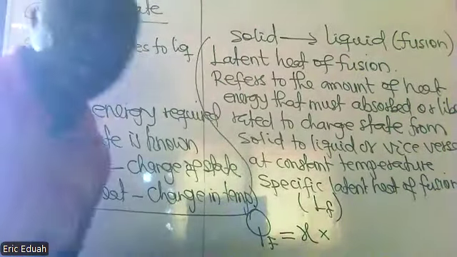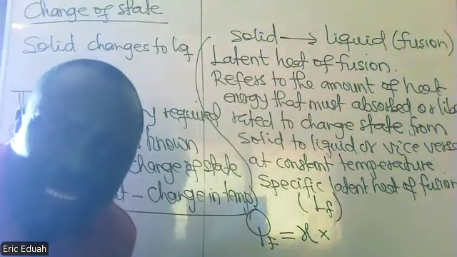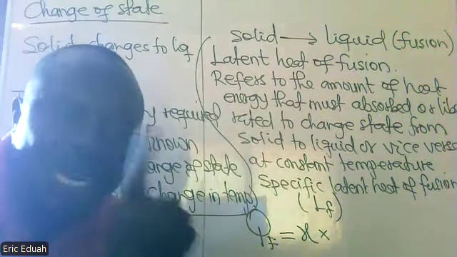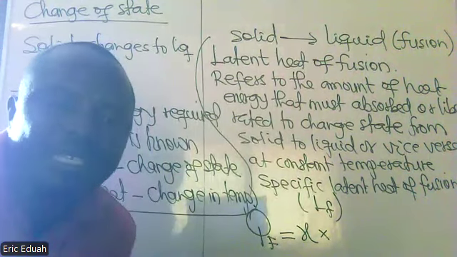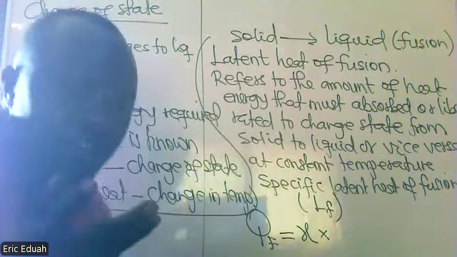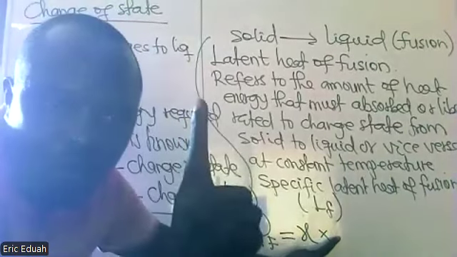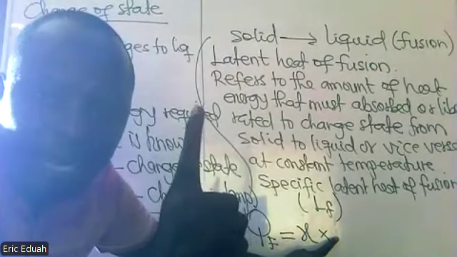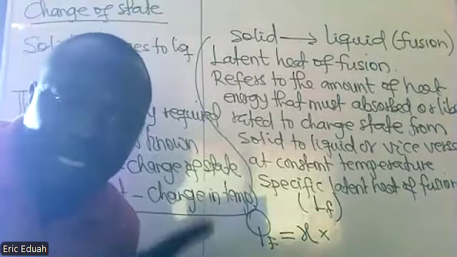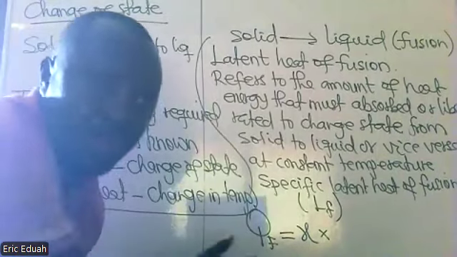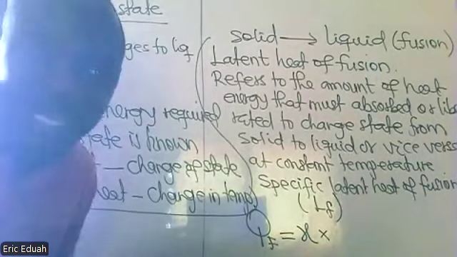Because we know the amount of heat energy that is required for 1 kilogram mass, that is a constant value. If you give me X mass, it's just a matter of multiplying X by that known specific latent heat, and I'll be able to determine the total heat energy required.